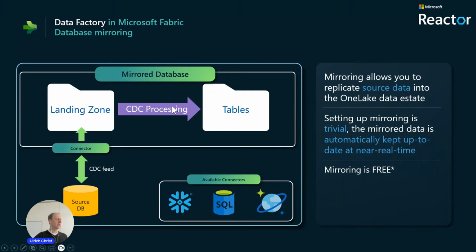So what this basically means is, as soon as a new file comes in here, the mirroring engine will pick it up. It will check, okay, here's a file with new data. There are some inserts, some updates, some deletes, and it will basically perform these inserts, updates, and deletes on the sync table.